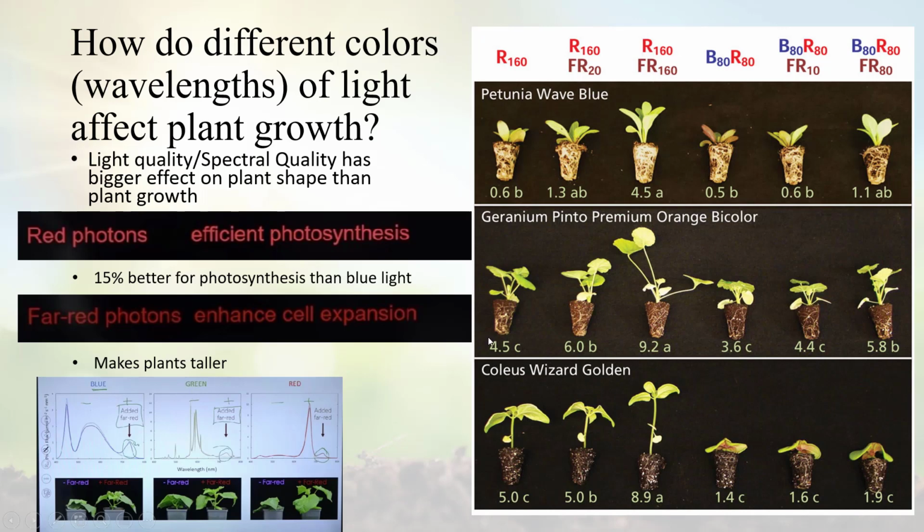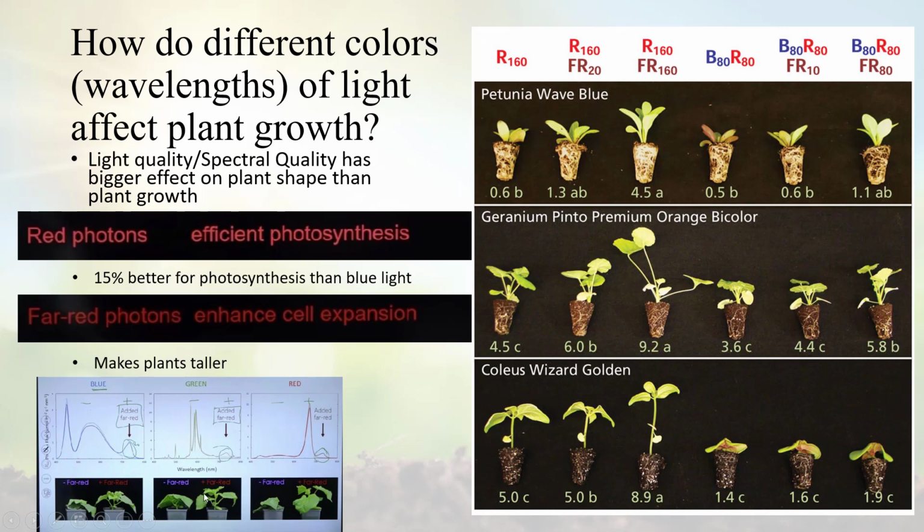So if you're a small little plant growing under a canopy of larger plants, the light that is coming down and hitting you is going to be far red light, or at least a lot more far red light than red light if you were just exposed to the sun. So our plants use that as an indicator, and there's a whole process that happens based on this phytochrome pigment system, but essentially they're able to recognize when they're getting more far red light, which makes them think they're being shaded out, and then they grow taller as a response to get above that shade.